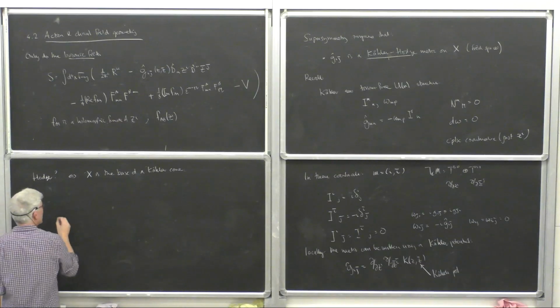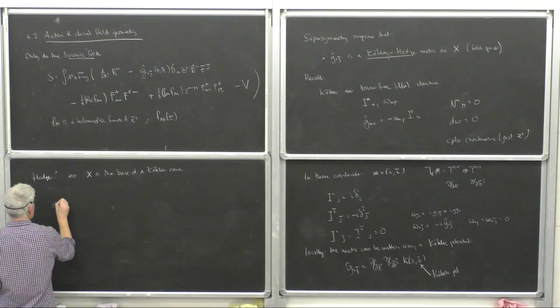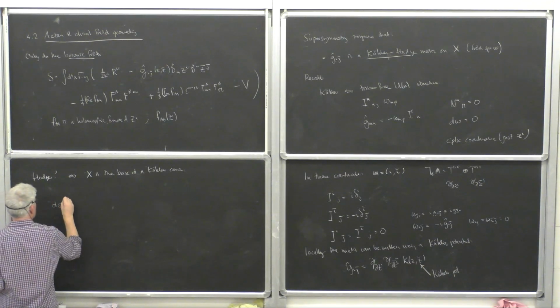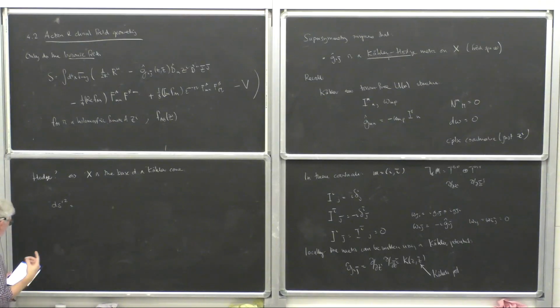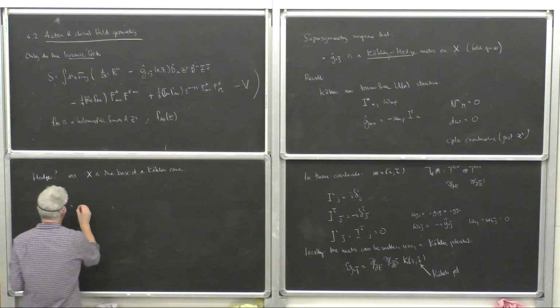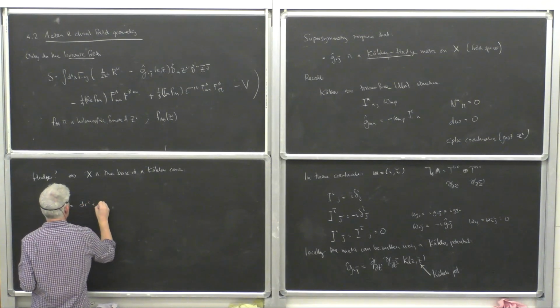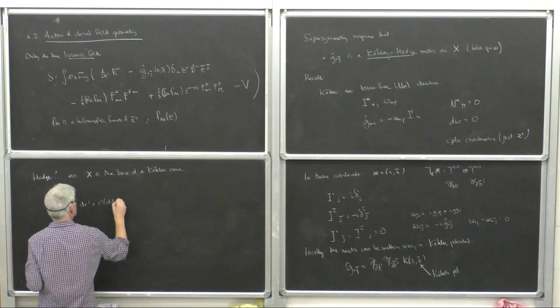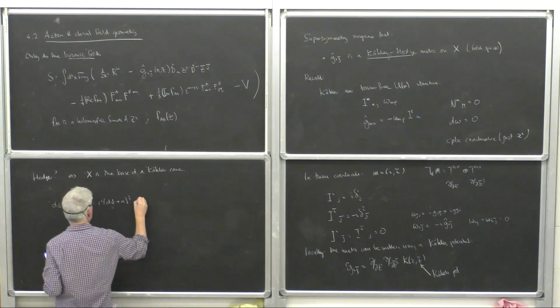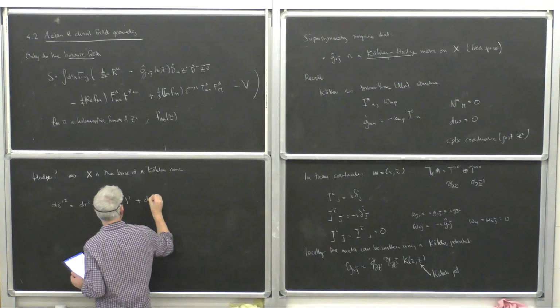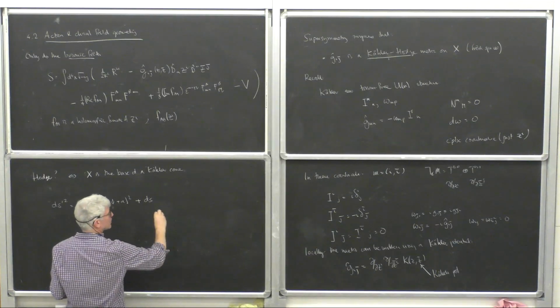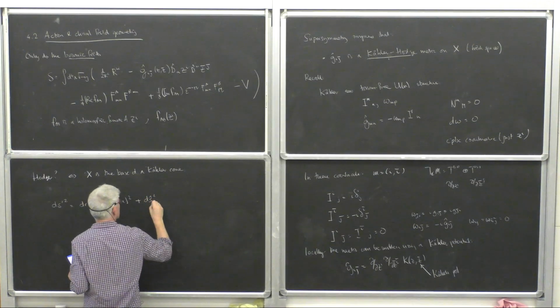So let's write down another metric, which is going to have two more directions. So I'll think of it as dr squared plus r squared (d psi plus A) squared plus, and then here, this is the metric that I'm interested in. This is the g hat.